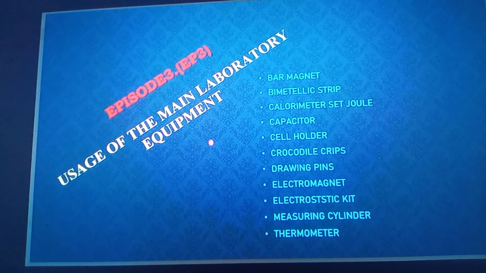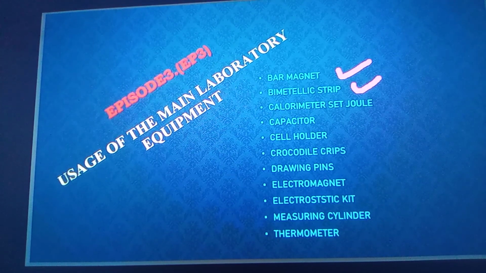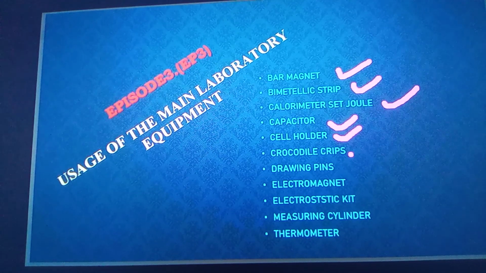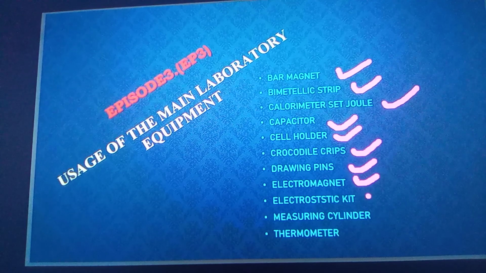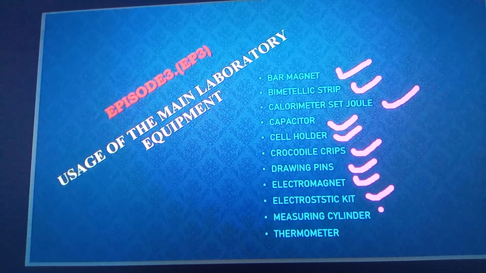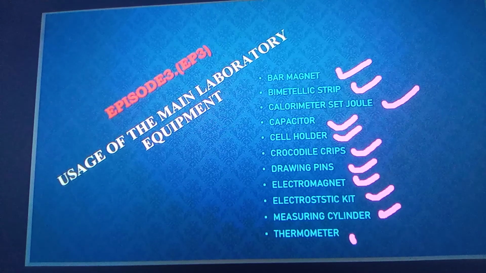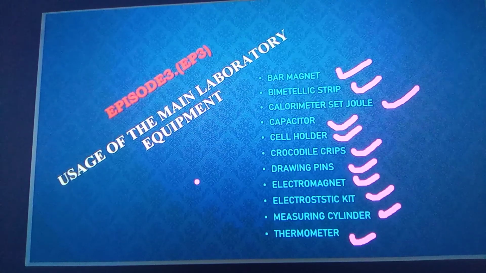Today we are going to look at bar magnet, bimetallic strip, calorimeter set joule, capacitor, cell holder, crocodile clips, drawing pins, electromagnet, electrostatic kit, measuring cylinder, and a thermometer. So these are the equipment which we are going to discuss.